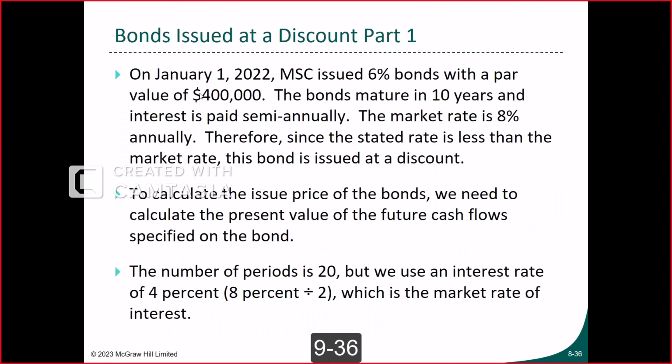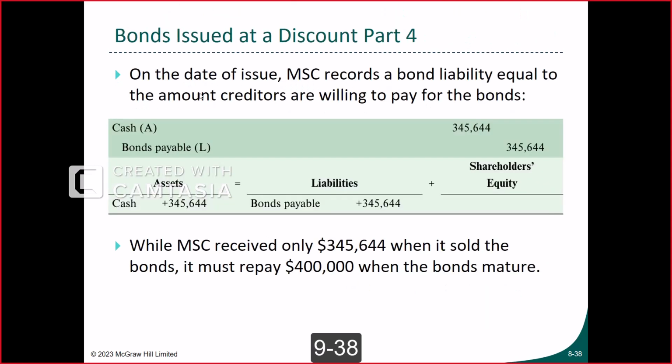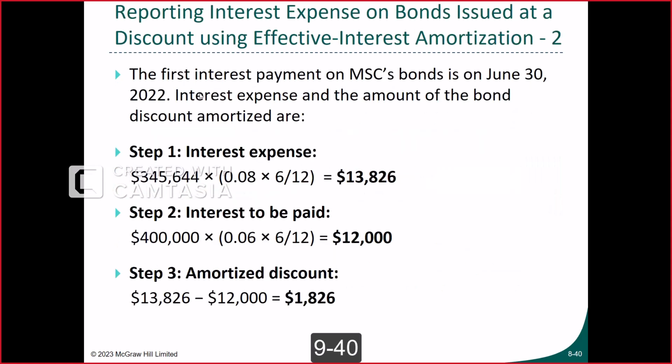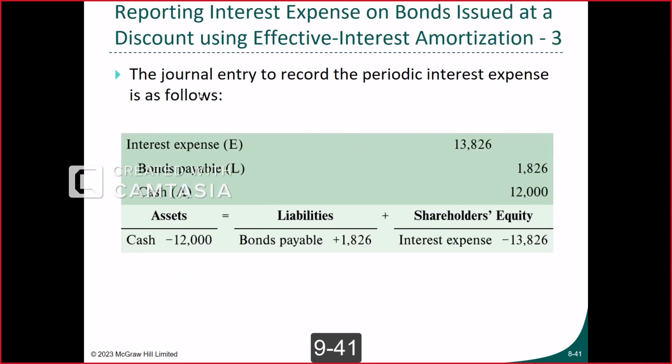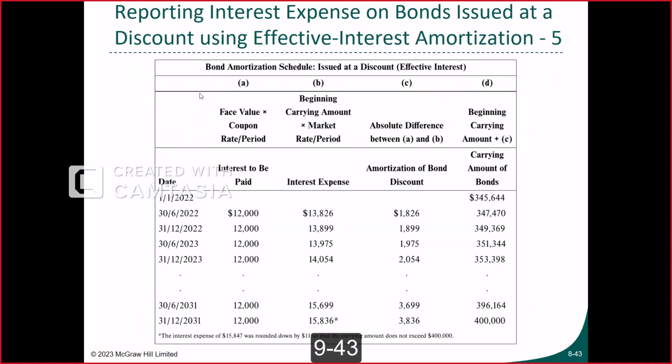So when it was an issuance at discount, what happens? We started with a carrying value, right? As you can see here, this is the very first journal entry to collect the cash and recognize the bonds payable. Bonds payable was $345,000, which means lower than the maturity value. And we kept increasing this carrying value from year to year, from payment to payment, until at the maturity day we reach $400,000, and that is the amount you're going to pay back.